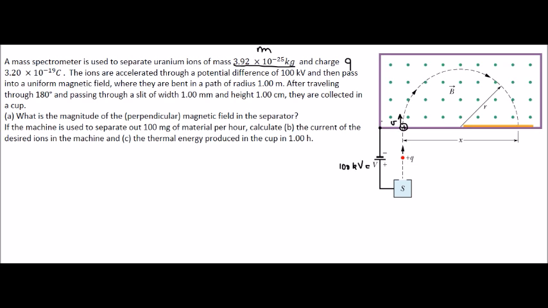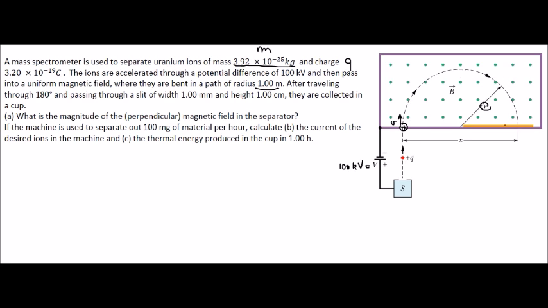And here they will bend in a circular path of radius 1 meter. So we have the radius here, r is 1 meter, after traveling through 180 degrees. Of course they will travel along a half circle, so that's a 180 degree path.